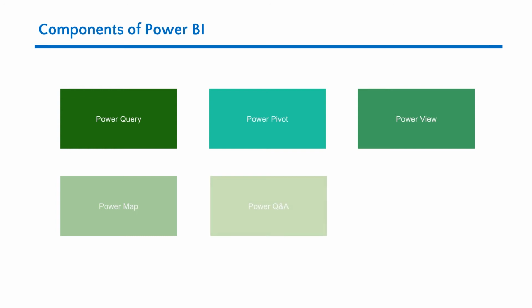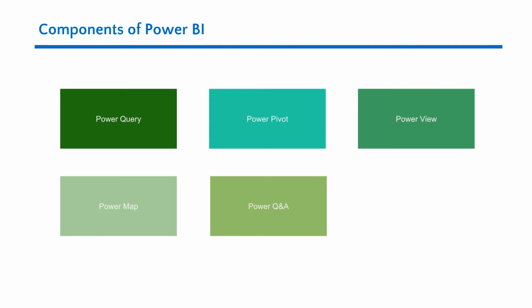The next component of Power BI that we will look at is the Power Q&A. This one probably you might not have used within Excel, so this is something you might be coming across new. So Power Q&A, as the name indicates, is a natural language engine for questions and answers to your data model.